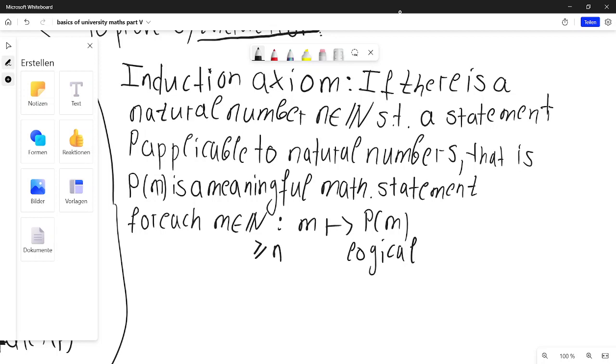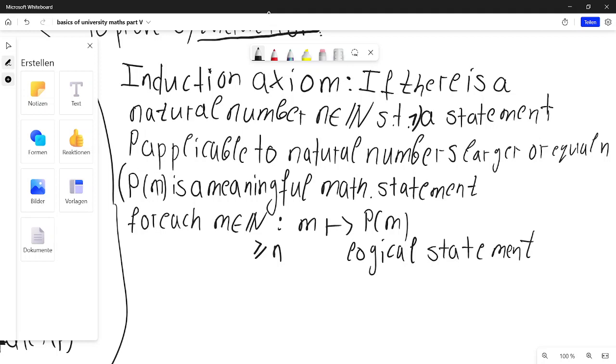So if there is a natural number n in N such that first, a statement P applicable to natural numbers, let's say larger or equal n, is a well-defined function, then to each m there is this statement P of m assigned.